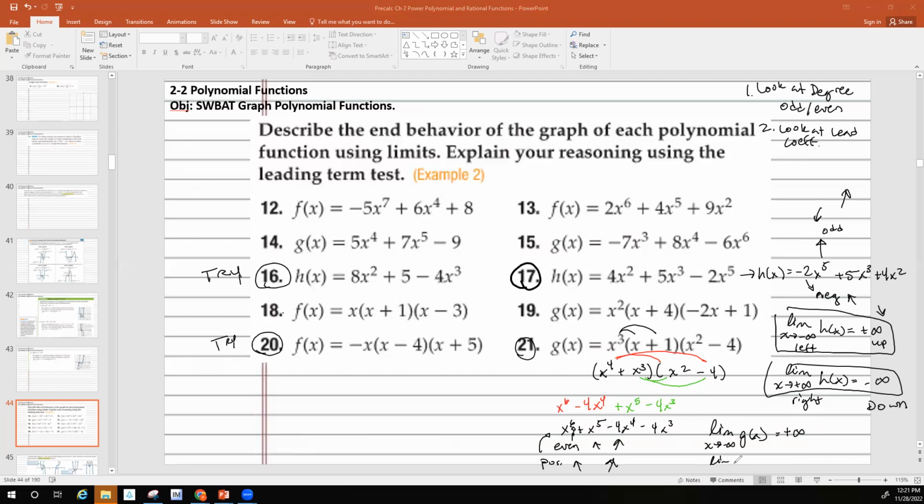And the limit of g of x as x approaches positive infinity, as it goes to the right, is also going up. It also goes to positive infinity. Left, up, and right, up. There you go. That's it. So try those out, 16 and 20.